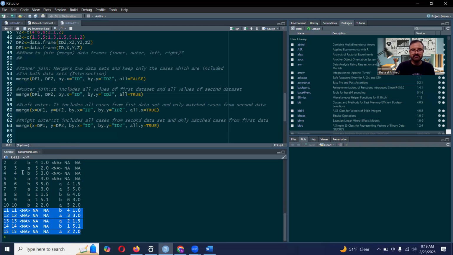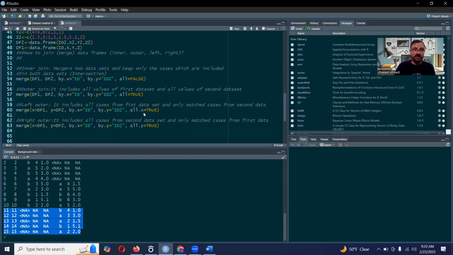But we are concerned with data 1. We are keeping all the observations in data 1 and including only matched cases from data 2. We are not interested in unmatched cases that are available in data 2. So this is used for such type of scenarios.